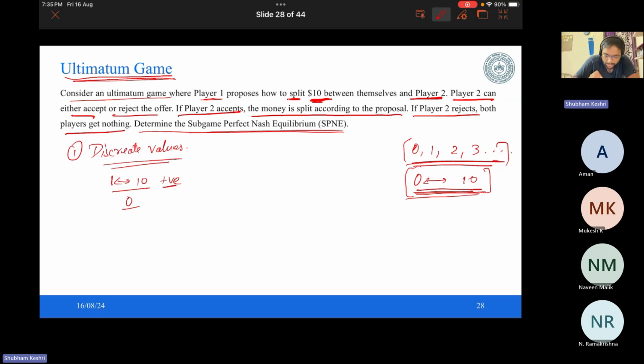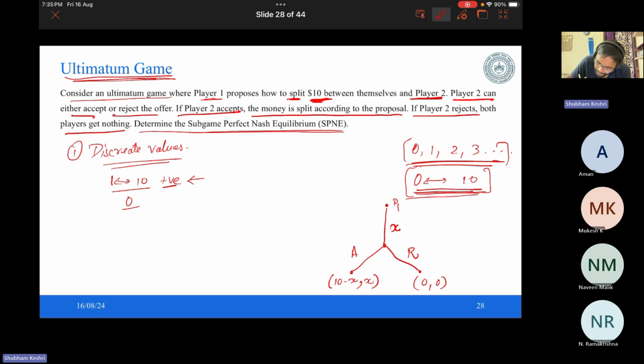So suppose I'll just draw the game. Player 1 is playing and he can give X. Now player 2 has two strategies. Either he can accept or reject. So when he accepts, the utility of player 1 will become 10 minus X and the utility of player 2 will become X. And when he rejects, it is 0, 0. Is this game clear?